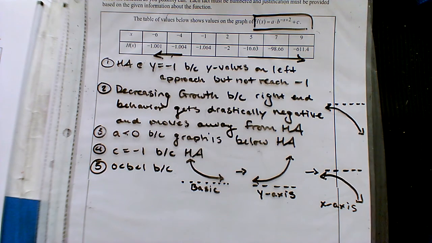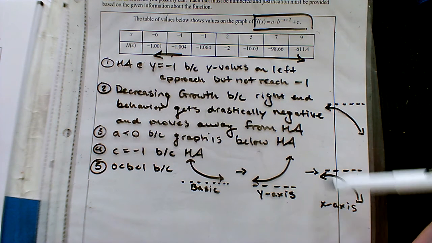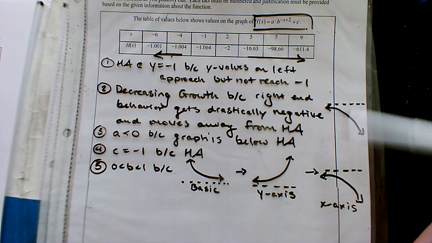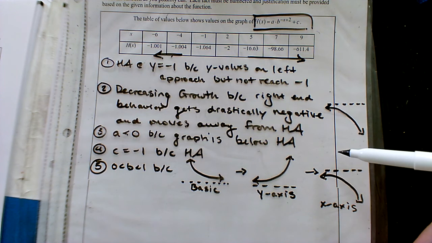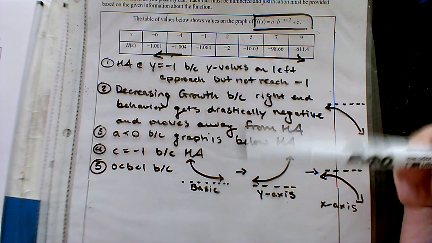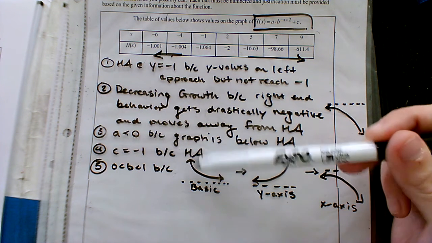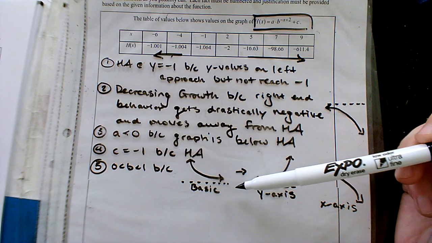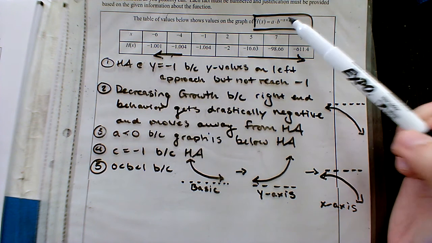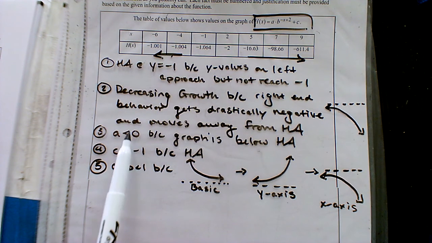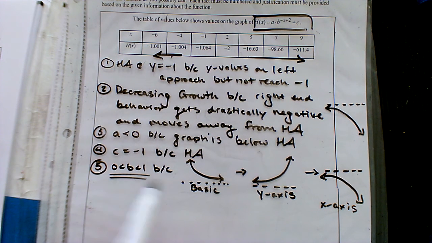All right, so the only way to end with this shape, which is what the table is telling us, is if we started with this decreasing decay basic graph, because we have both flips. We have that negative x in the power and this negative leading coefficient out front. Okay, so base is somewhere between 0 and 1.